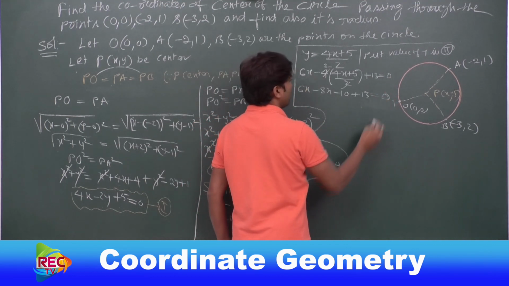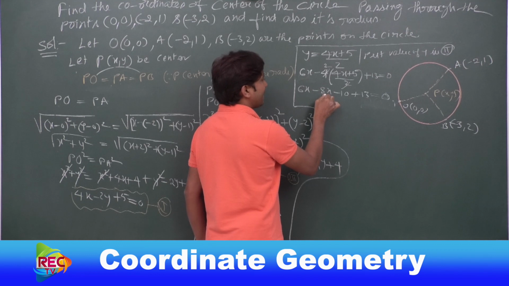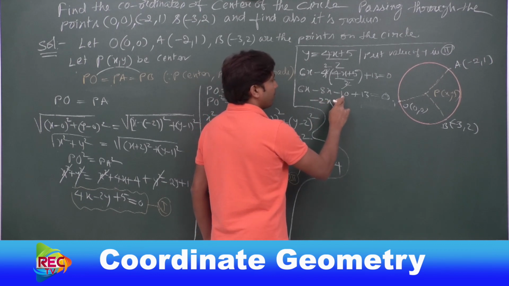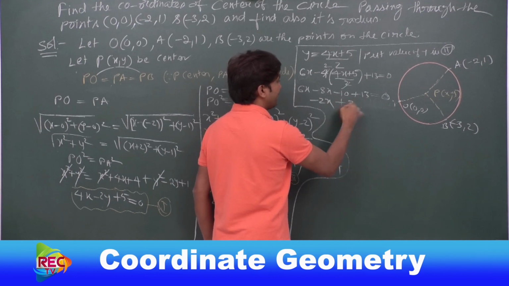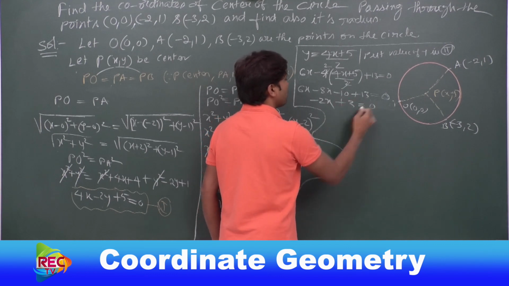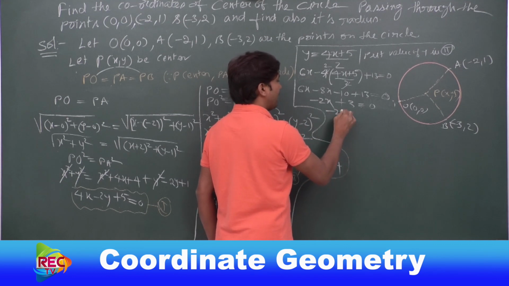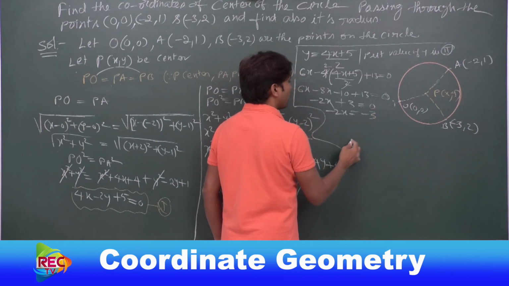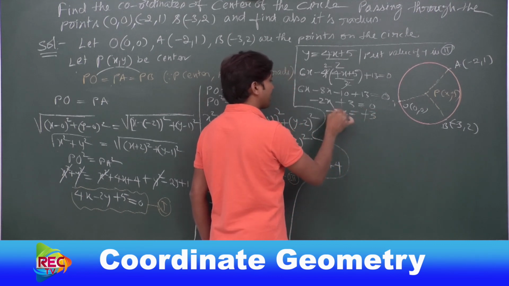Got it? Now 6x minus 8x would be minus 2x, plus 10 minus 10 plus 13, plus 3 is equal to 0. Now take this 3 to the other side, this plus 3 will be minus 3, then both sides we have minus signs, we can cancel.